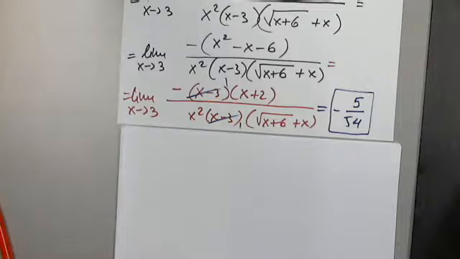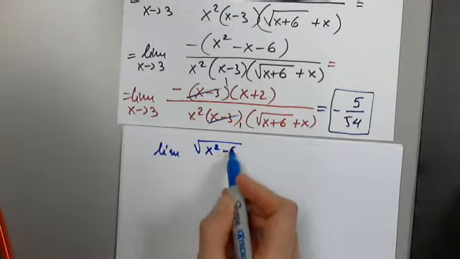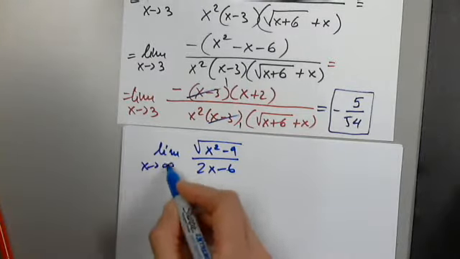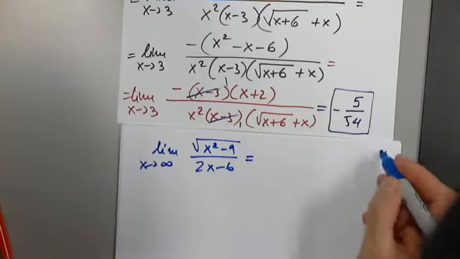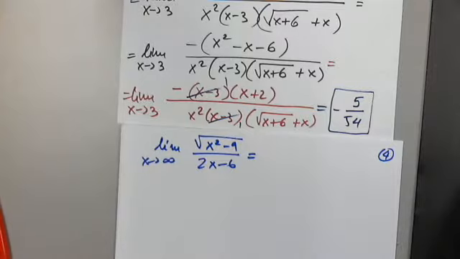Okay, next one. Limit of the square root of x squared minus 9 divided by 2x minus 6 as x approaches infinity. Okay, so I'm given a limit. I'm trying to see if I can plug it in and what type of case this is.